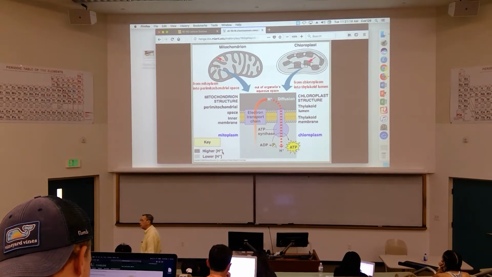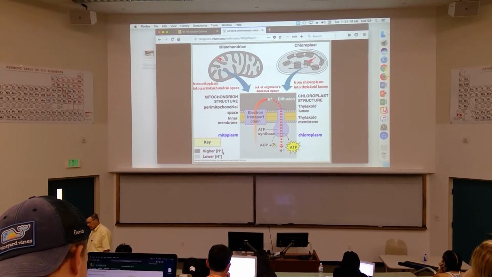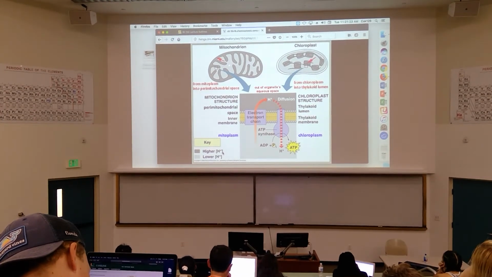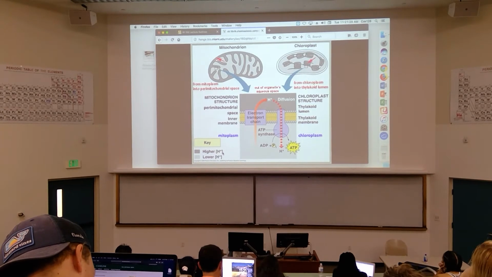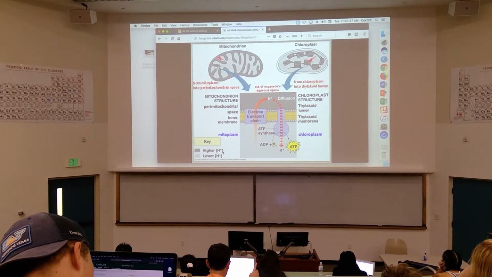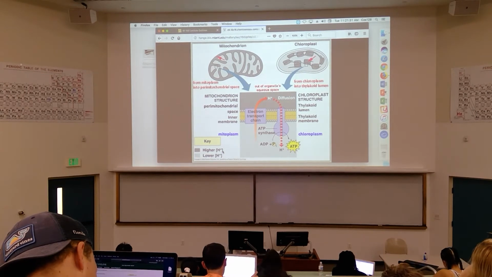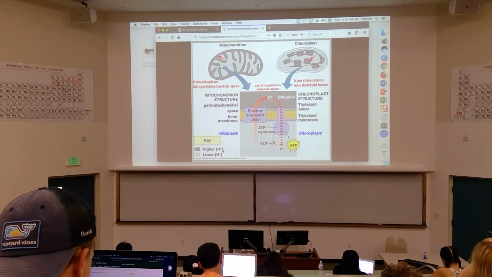Where did we move the protons from the cytoplasm of the matrix to the mitochondria? We moved them from the aqueous compartment inside the mitochondria to the space in between the inner and the outer mitochondrial membrane.